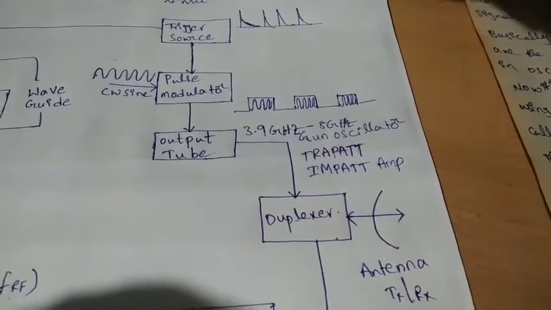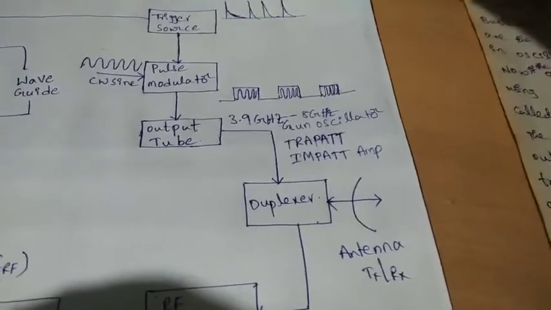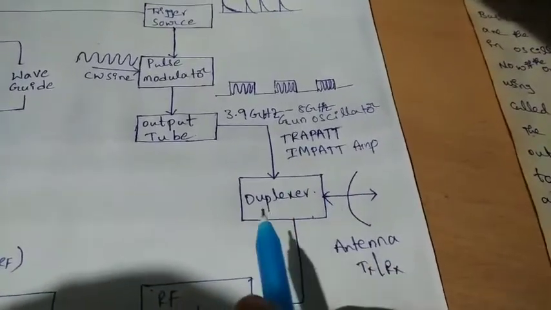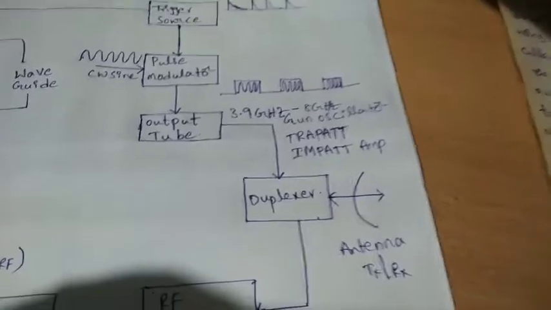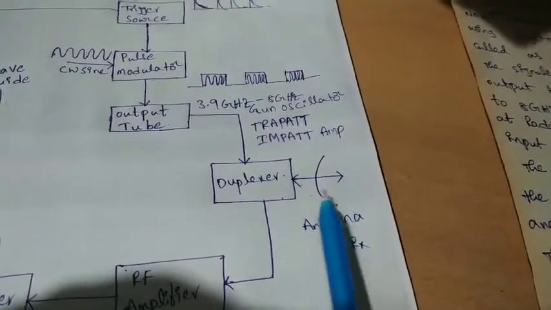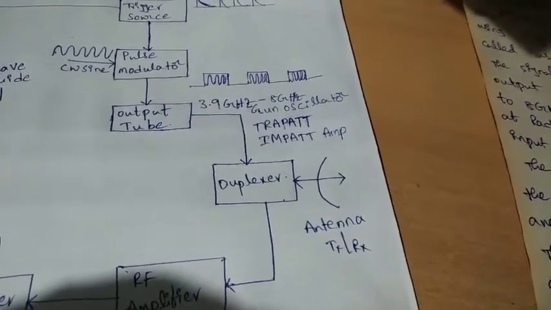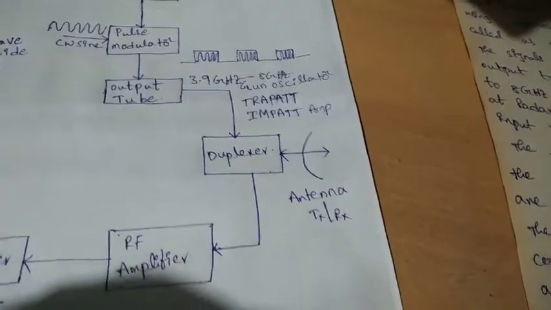The output of the output tube is passed into the duplexer. This is the duplexer, which gives the input to the antenna. This is the antenna. The signals from the antenna are transmitted into free space.